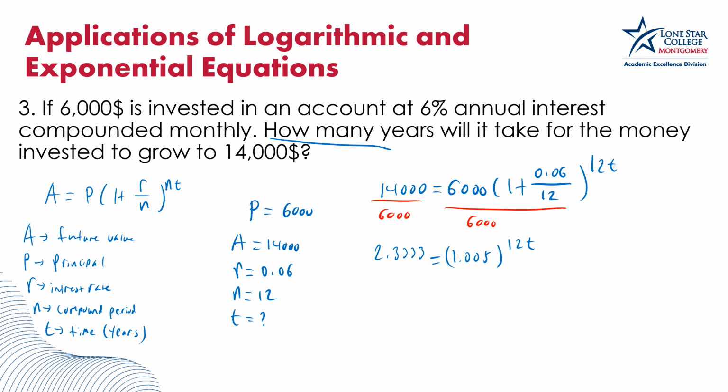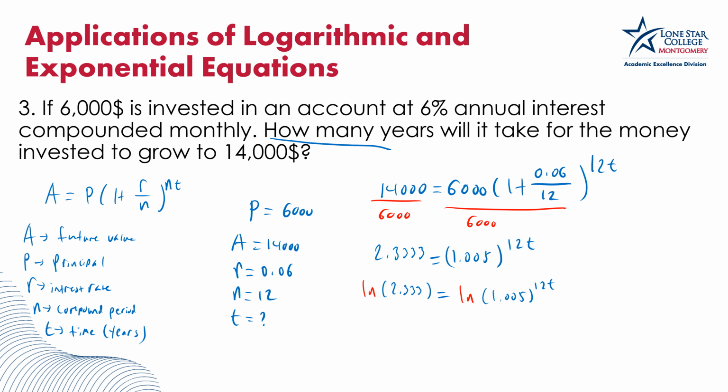So apply a natural log on our left side, natural log of 2.33 equals, and natural log of the 1.005 to the 12t. So what's going to happen on the right here?